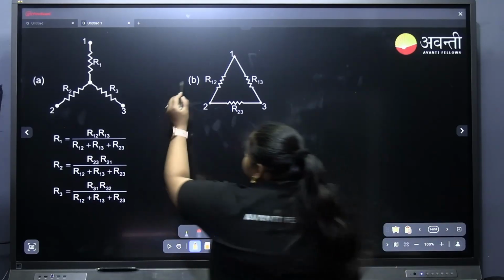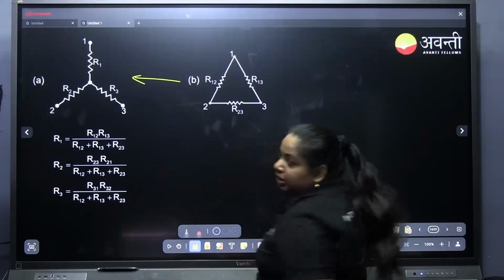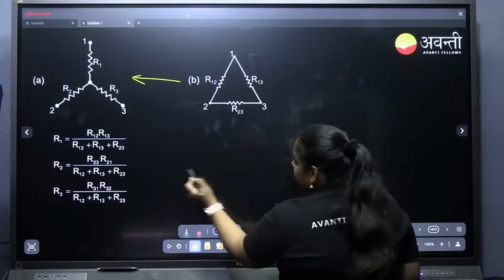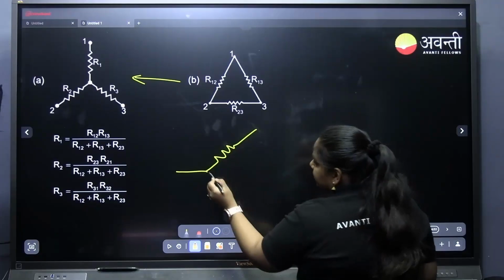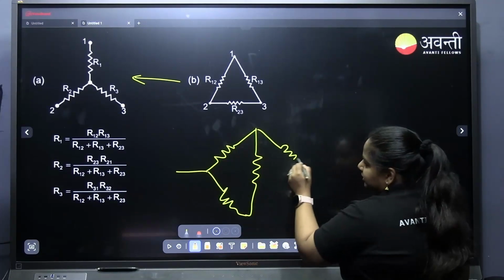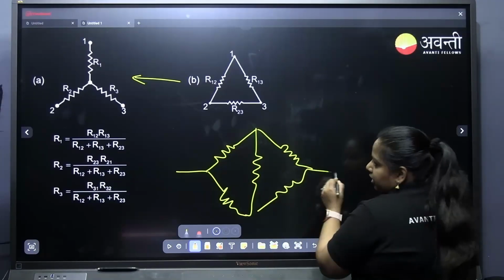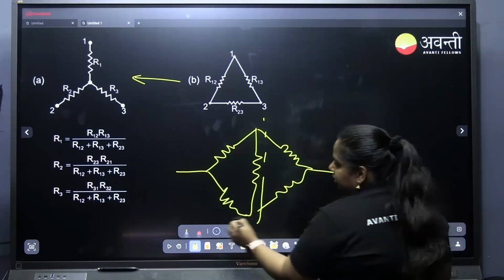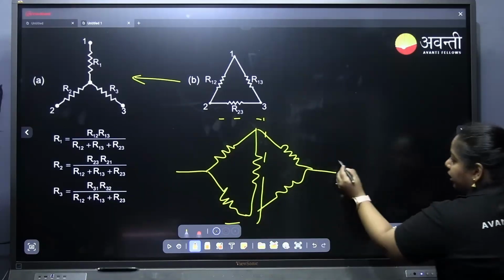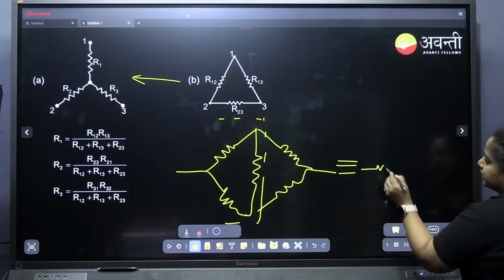Okay, next is delta to star conversion. In that case, this is our Wheatstone bridge which is not in balancing condition, and this we are considering as a delta. On conversion it will become like this.